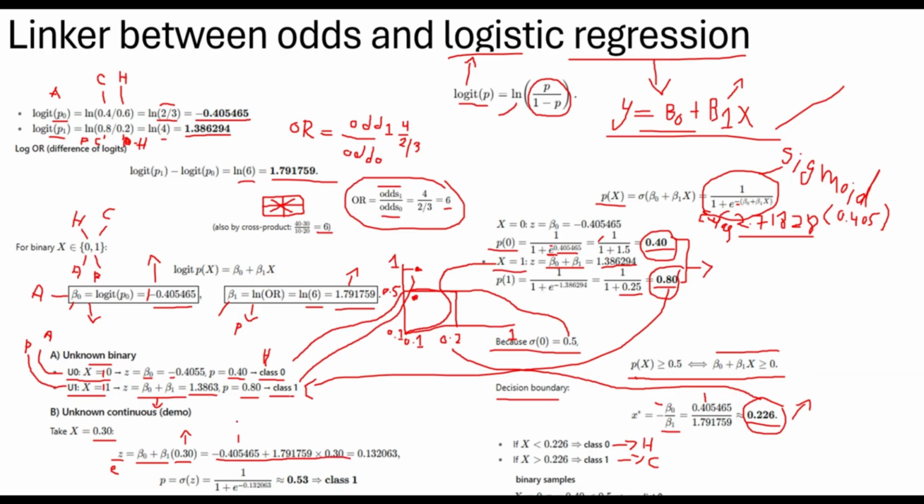So you have beta 0 here, and you have beta 1 multiplied by x. By simplifying this, you're going to get this value.